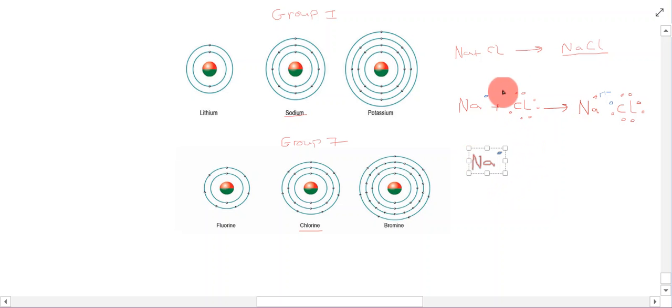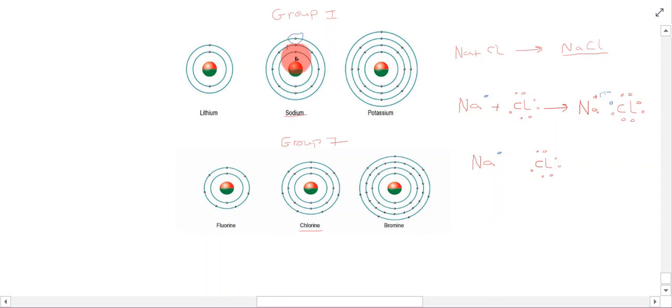imagine you have sodium and then you have chlorine. So if we think about sodium, this is kind of what it looks like. It wants to get rid of this outer electron, because what's keeping this electron in place is the force coming from the nucleus.